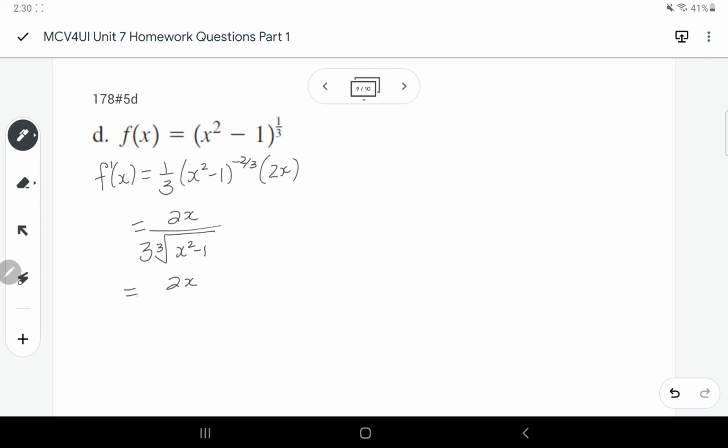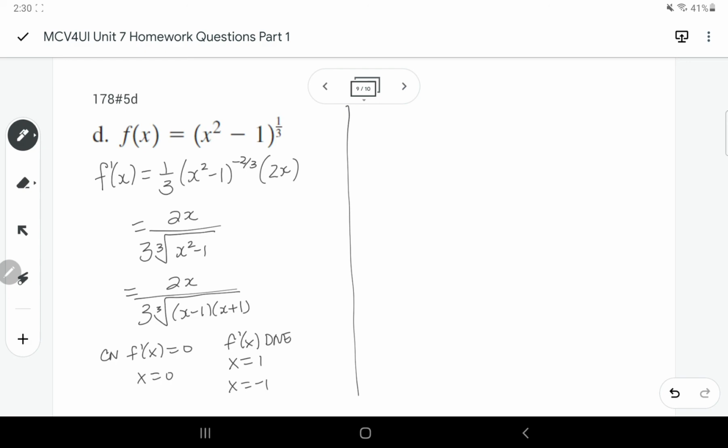And I think I'm going to kind of difference of squares this guy inside. So the critical numbers are f prime at x equals 0, so that would be x equals 0, or f prime at x does not exist, and that would be x equals 1 and x equals negative 1.